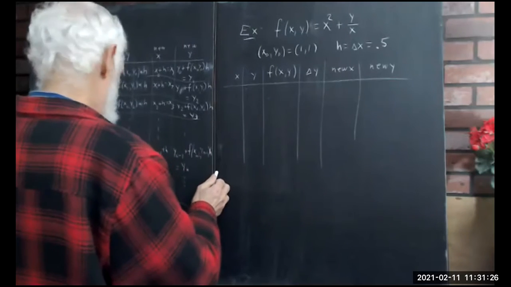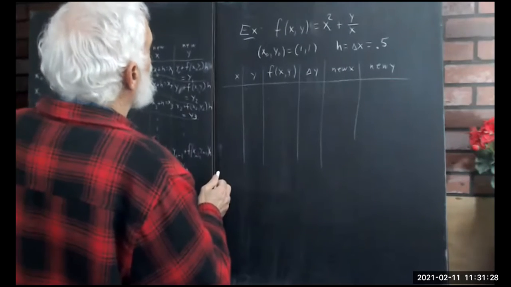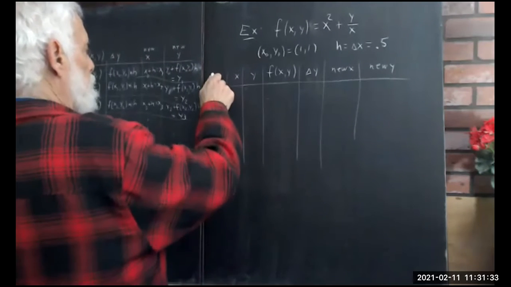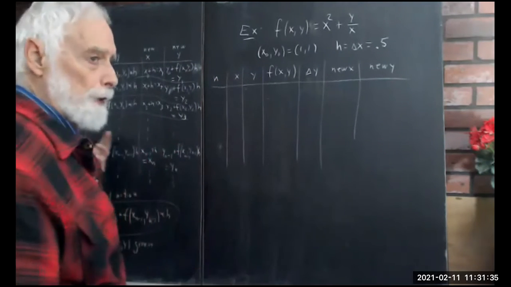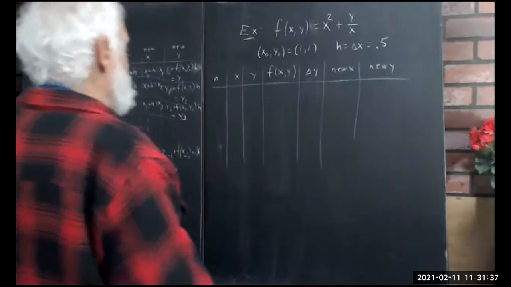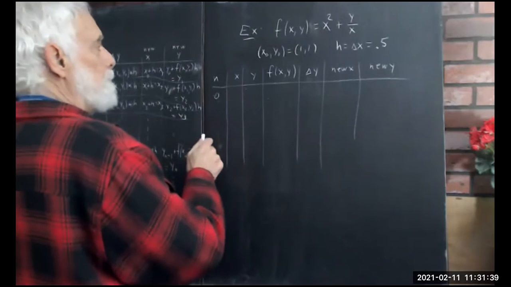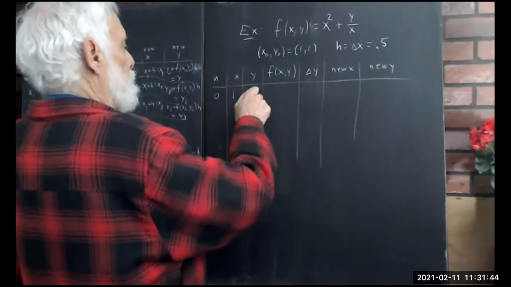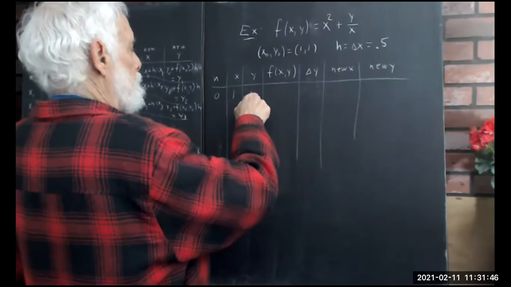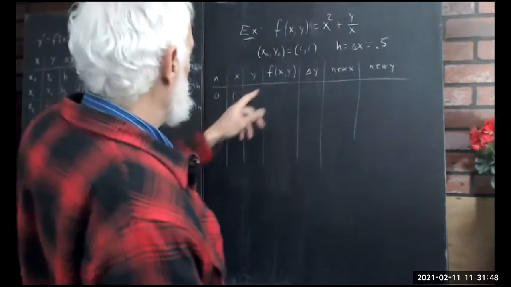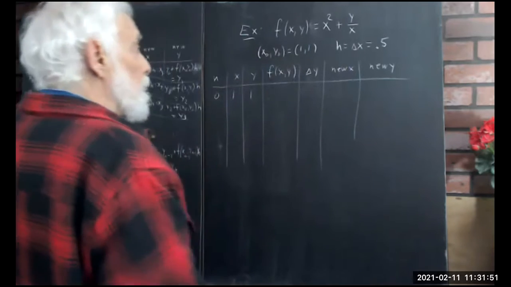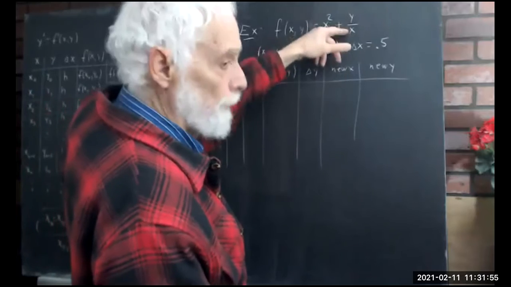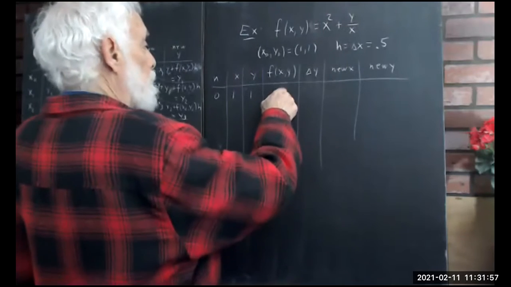And I'm going to just throw in another column here for n, the number of my step. Okay, so n equals 0, then x equals x naught, y equals y naught, 1, 1. So f of x, y equals what? Well, very easy, 1 over 1 is 1. So f of x, y is 1.